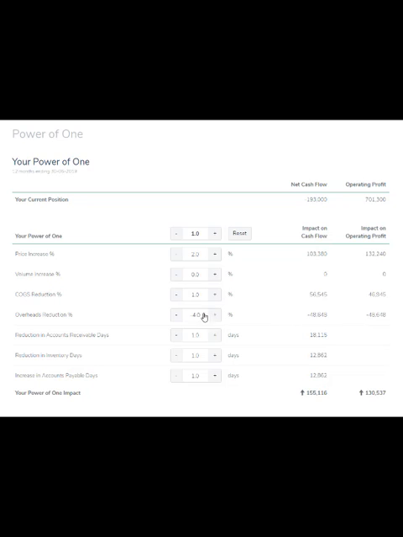We're going to spend that money to put in a better system, and that's going to actually reduce our cost of goods sold by 5%. Fairly small amount, as you can see, has a massive impact on the profit and on the cash flow.